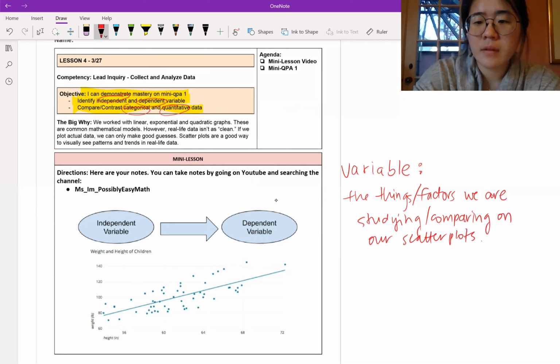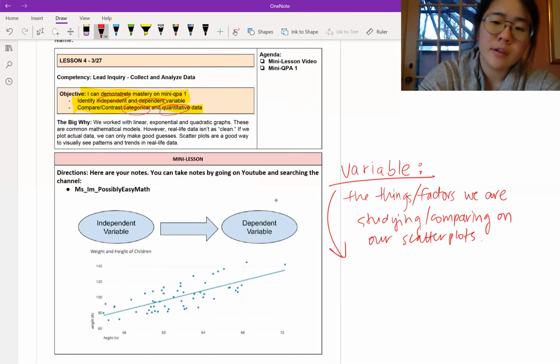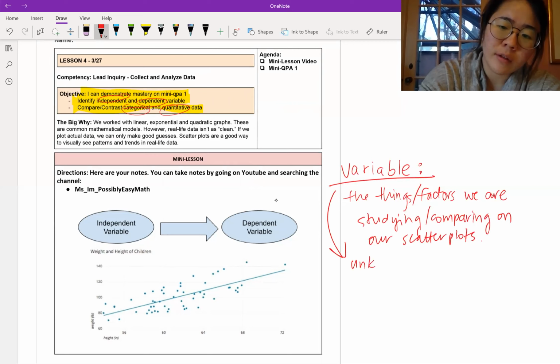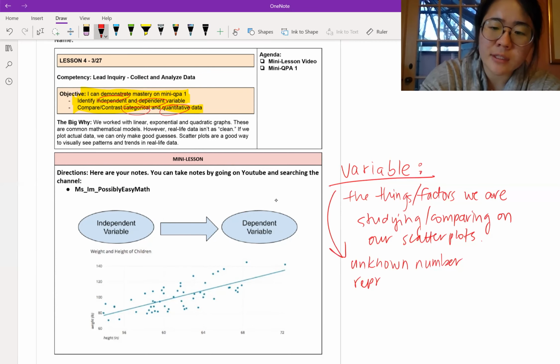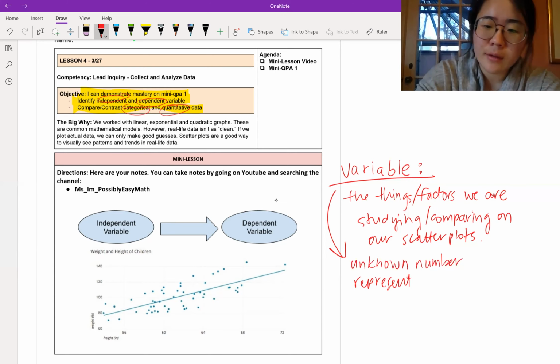Okay, so when I'm talking about variables in this case, usually people think of it as an unknown number represented by a letter. And this is still the case. We still represent our variables with X and Y, basically.